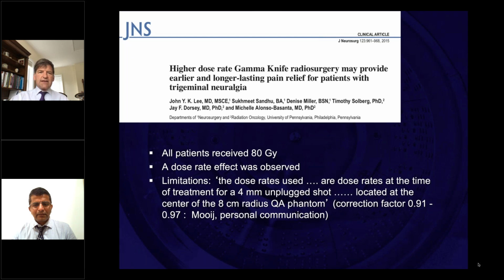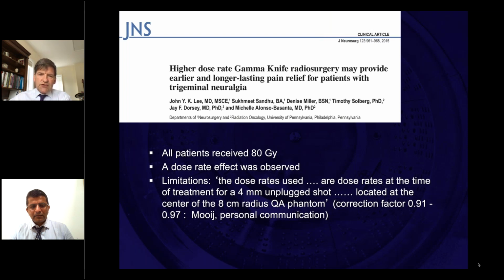So here is a clinical study by John Lee and his group in Philadelphia, where they actually showed that a higher dose rate for gamma knife provided earlier and longer lasting pain relief. In this group, all patients received 80 gray, and there was a dose rate effect observed. The flaw in this study is that the reference dose rate of the machine was used.